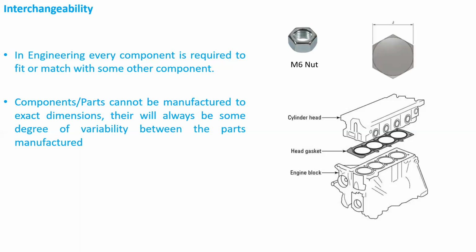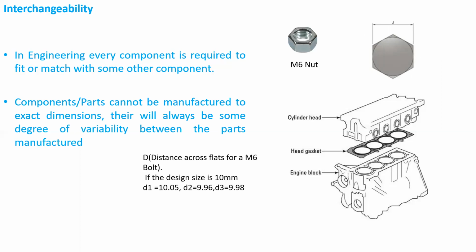Let's take the case of the distance between flats of a bolt. If D is the distance across flats of a M6 bolt, and if the design size for this dimension D is 10 mm, and if we randomly pick 3 bolts and measure the distance across their flats, it will come out say 10.05, 9.96, and 9.98.